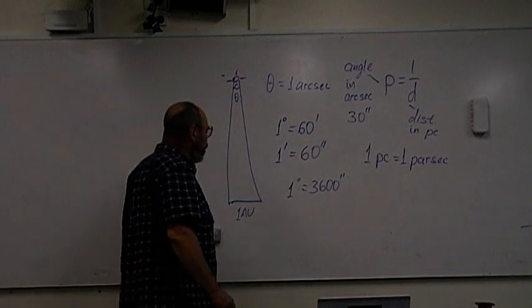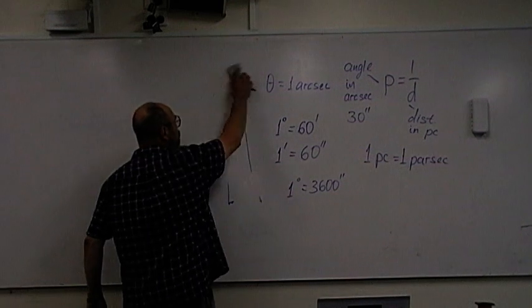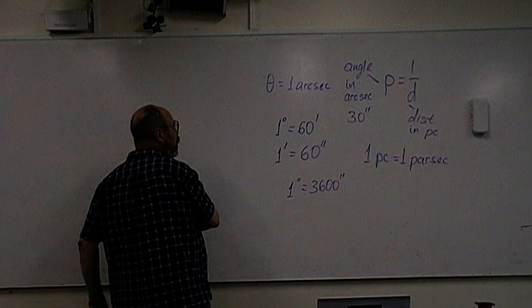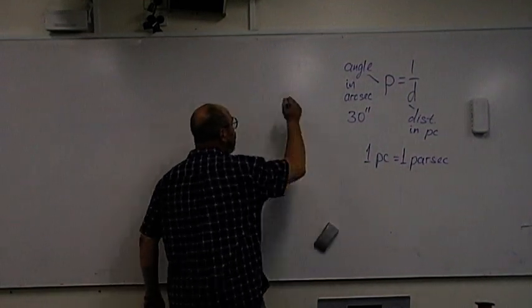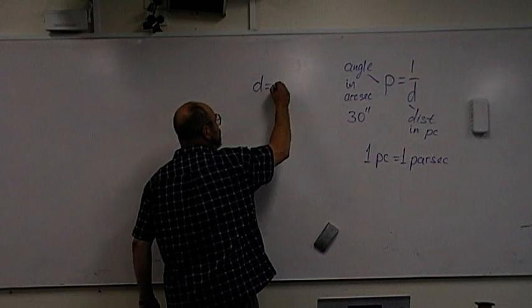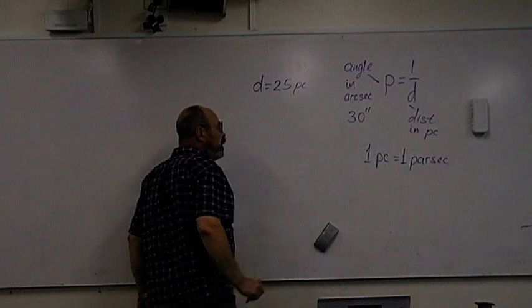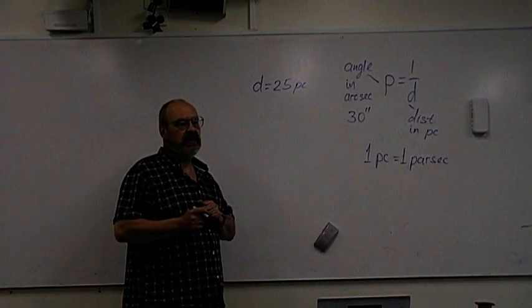Example: if some star is at the distance of 25 parsecs, at what angle will we see it?